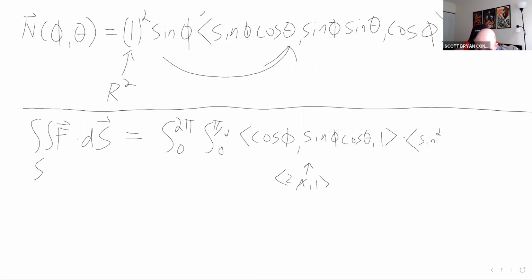So we get sine phi cos theta times sine phi, which is sine squared phi cos theta, sine squared phi sine theta. Sorry for the messiness here. And then the last component is sine phi cos phi. So that's d phi d theta.